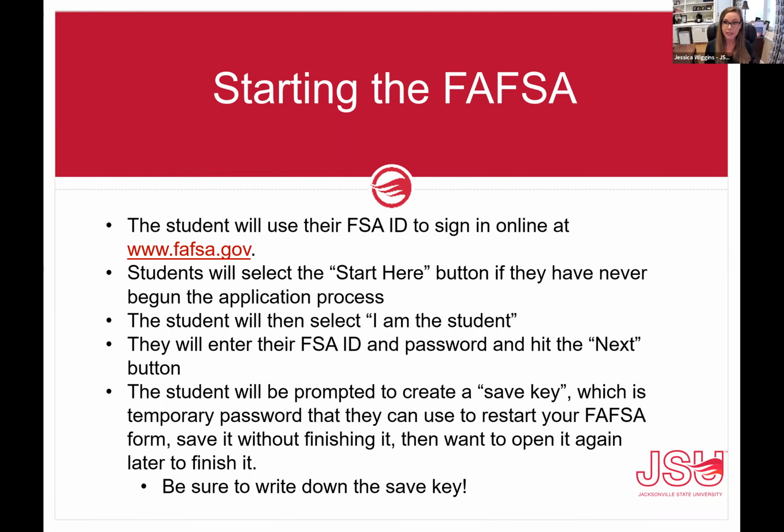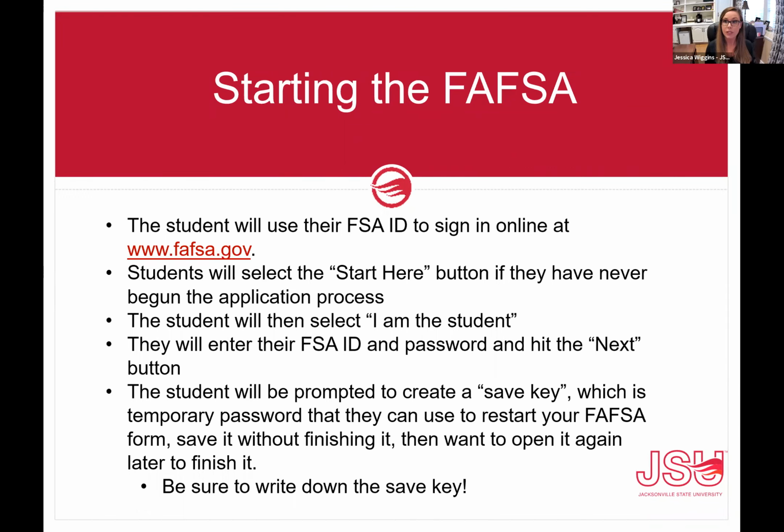Once they have selected if they're the student or the parent, they will then enter whichever person's FSA ID. So if it's the student completing the FAFSA and they say, I am the student, they will then enter the student's FSA ID number. If it is the parent completing it for the student, then the parent will enter their FSA ID and password. It will then prompt them to create a save key.